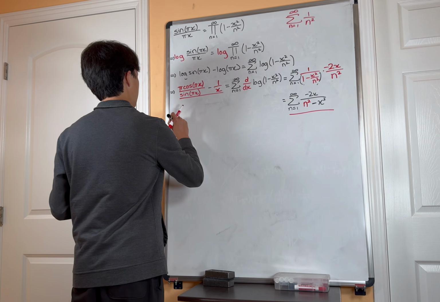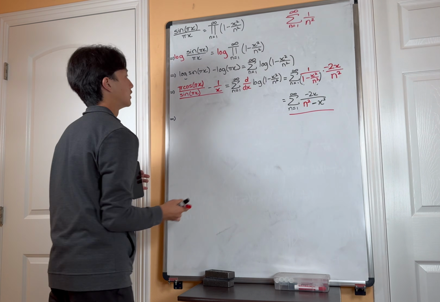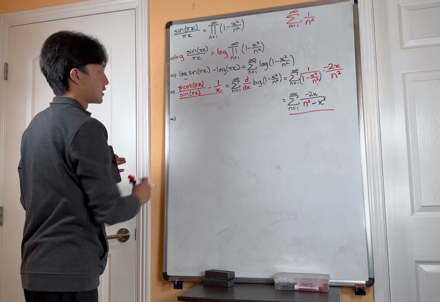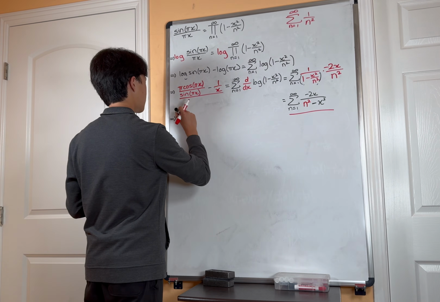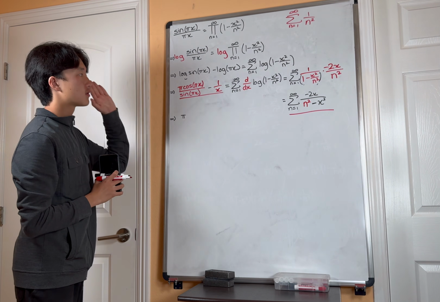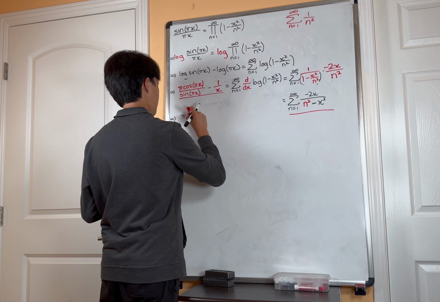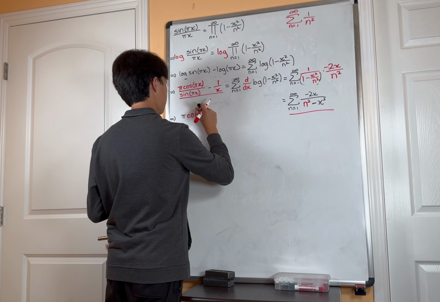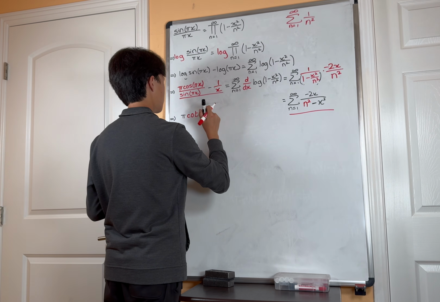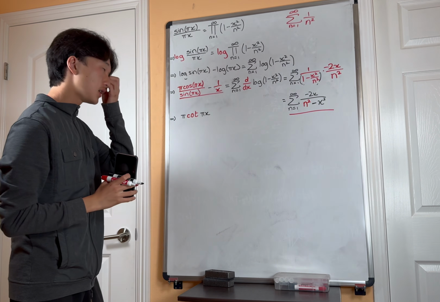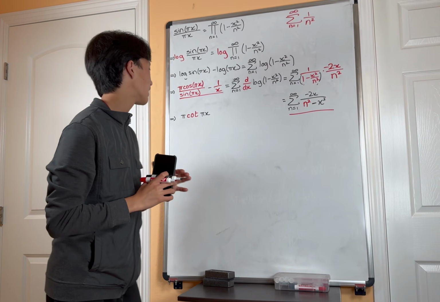Okay, well, to divide everything by negative 2x, first of all, I want to simplify this a little bit further. We can keep the pi there. But notice that cosine over sine is actually cotangent. So we have cotangent of pi x. Okay. And we said we were going to divide everything by negative 2x.